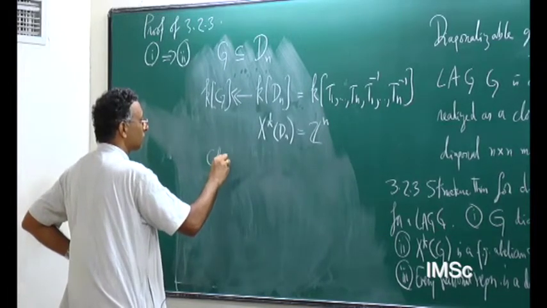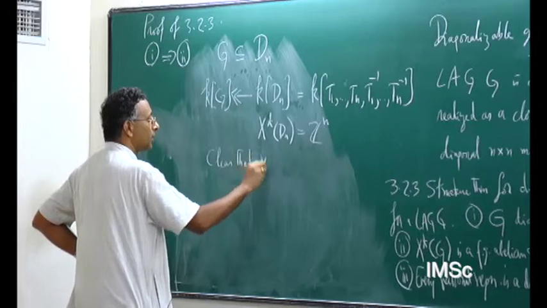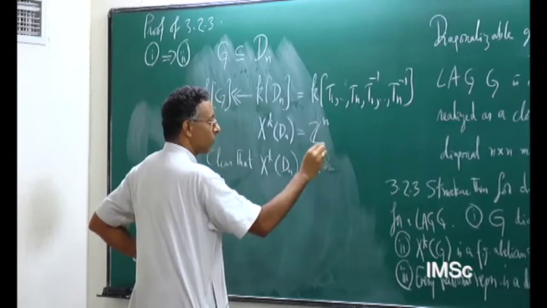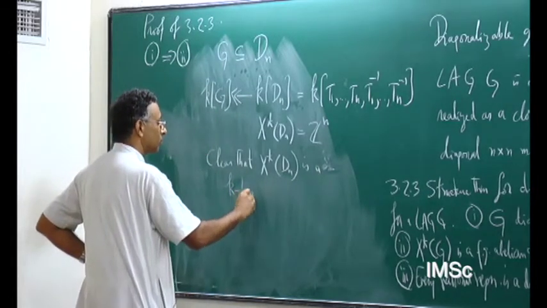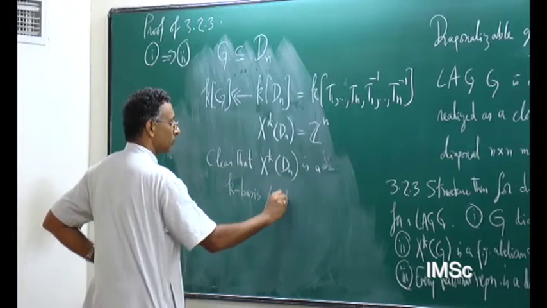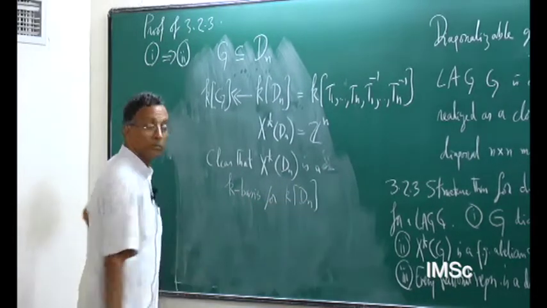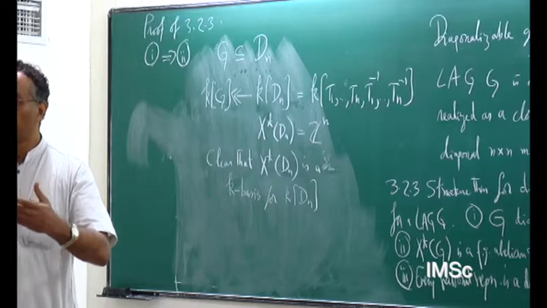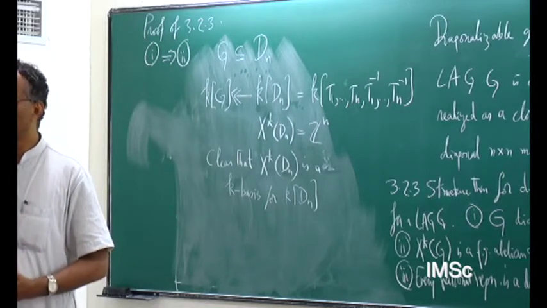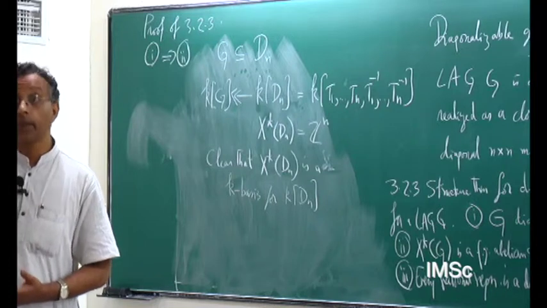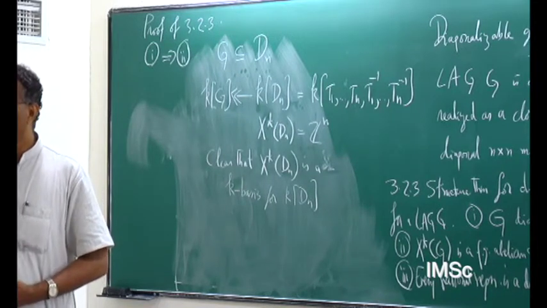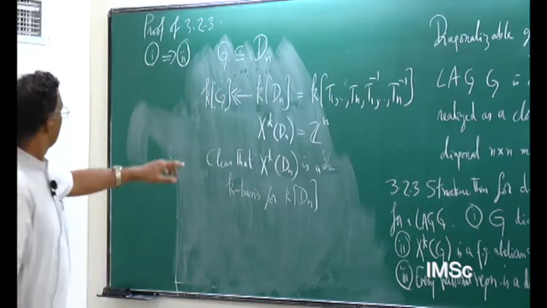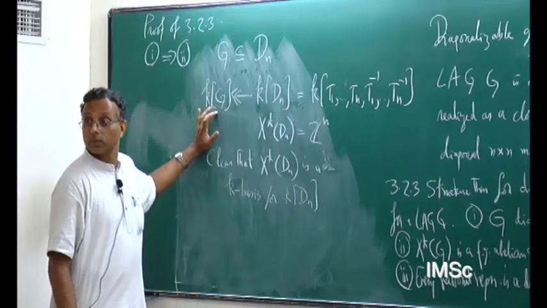It is clear that X*(Dn) is a K-basis for K[Dn]. Okay, now you have an onto map. You take a basis here, and the image of the basis, I am not saying the image of the basis is a basis, but the image of a basis is a spanning set for K[G].